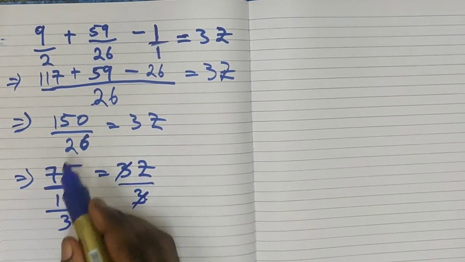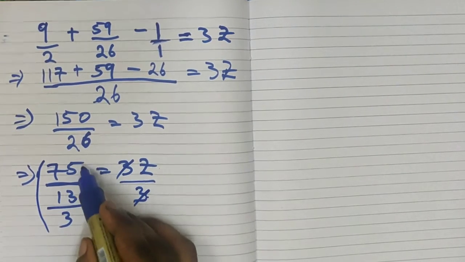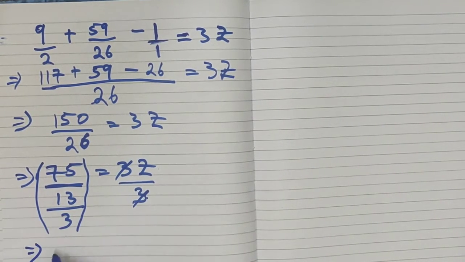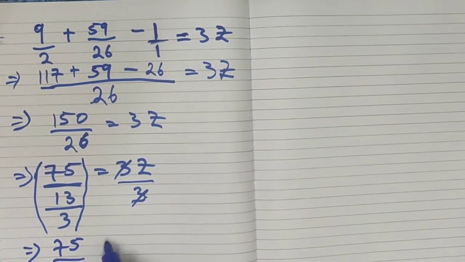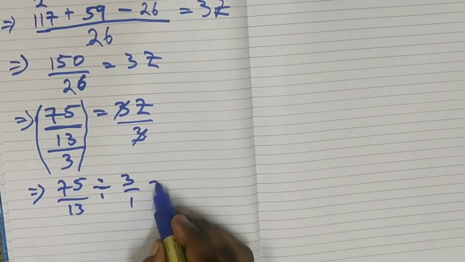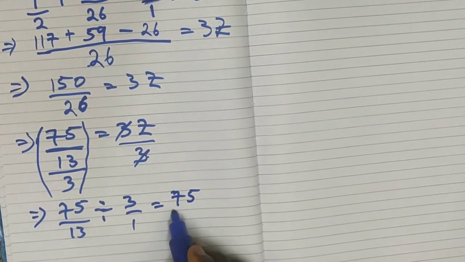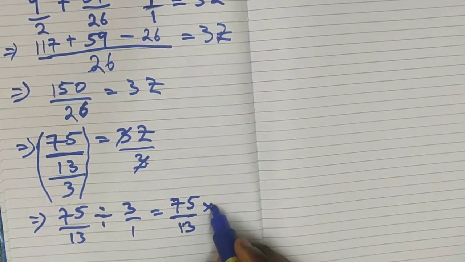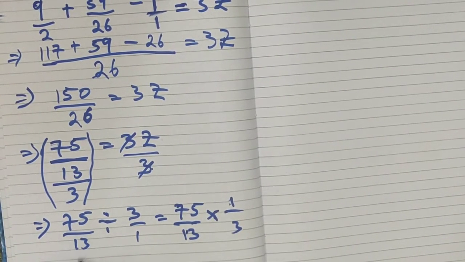This will cancel this. Our z is what? This is a fraction divided by a fraction. So we are going to solve this division to have our z. So if we solve this, this is the same as 25 on 13 divided by 3 over 1, which is still the same as 25 on 13 times, remember we interchange the numerator and denominator, 1 goes up and 3 comes down.